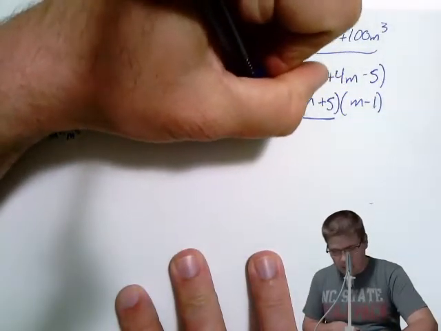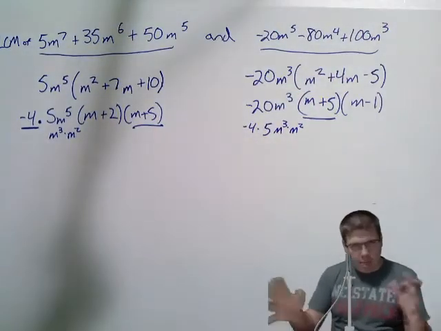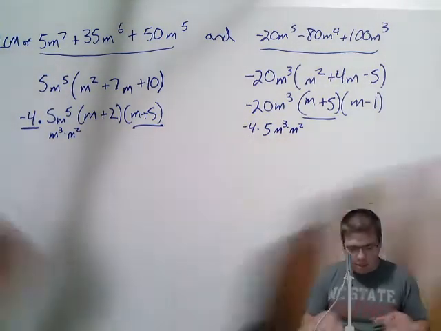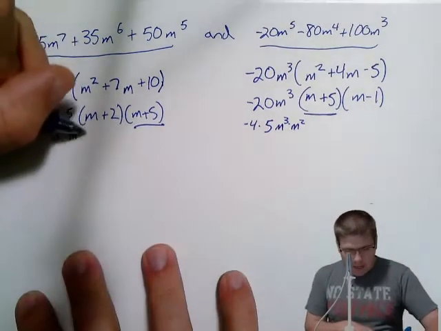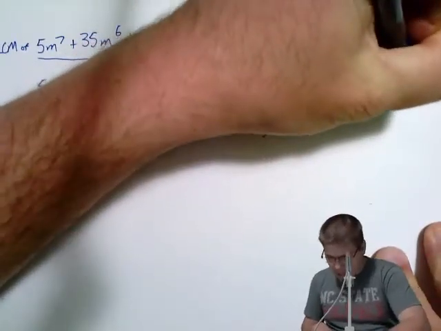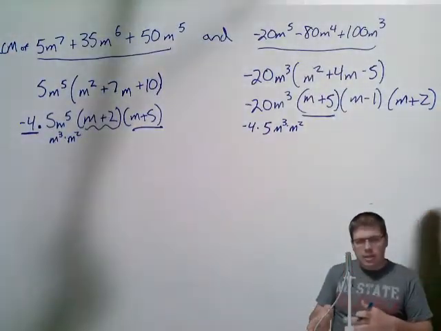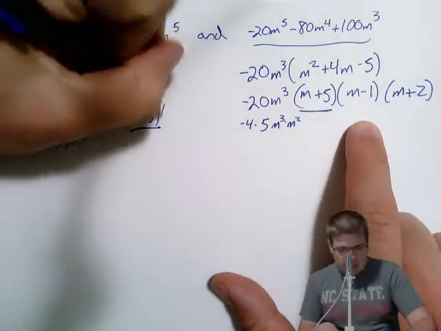So this ultimately is m cubed times m squared. And I would multiply the numerator and denominator if I were doing this, just to get these to the least common multiple. And then the last thing is I'm missing the m plus 2 over on this side, so I'll multiply by an m plus 2 on that side. And then I'll multiply by the m minus 1 on this side.